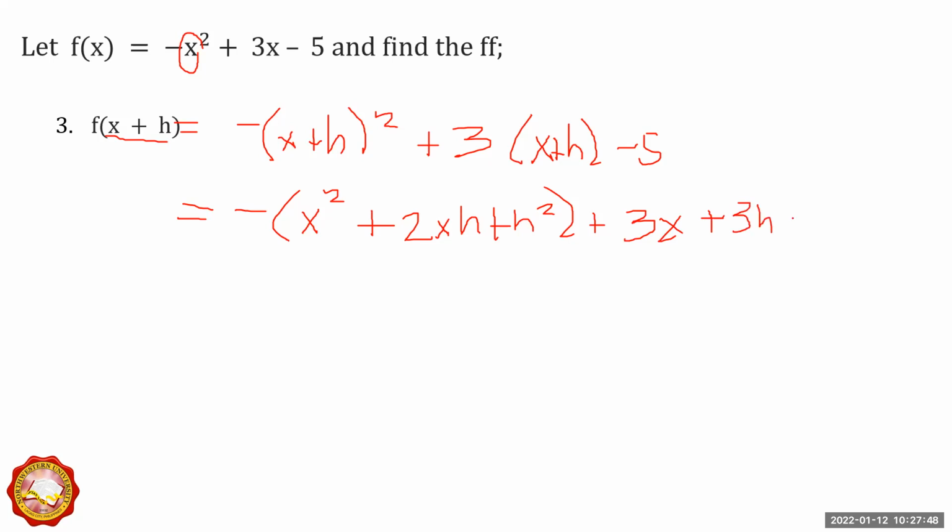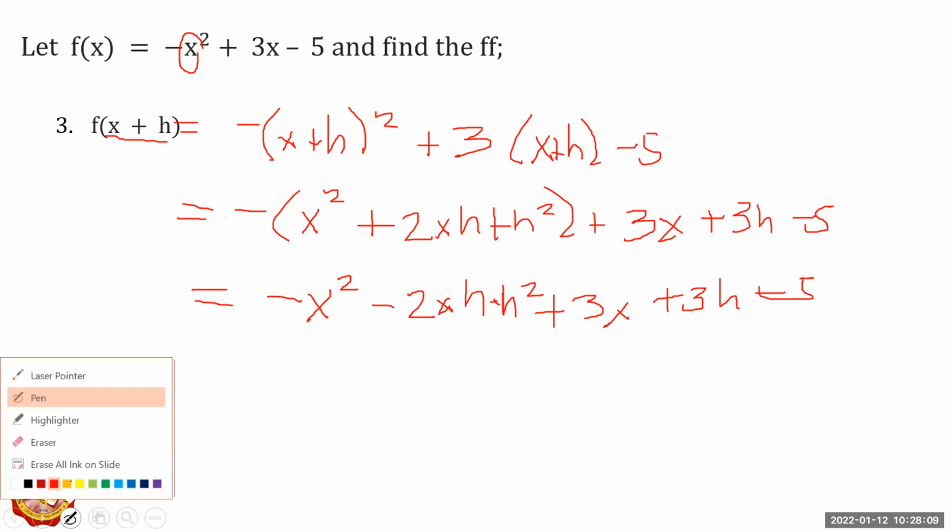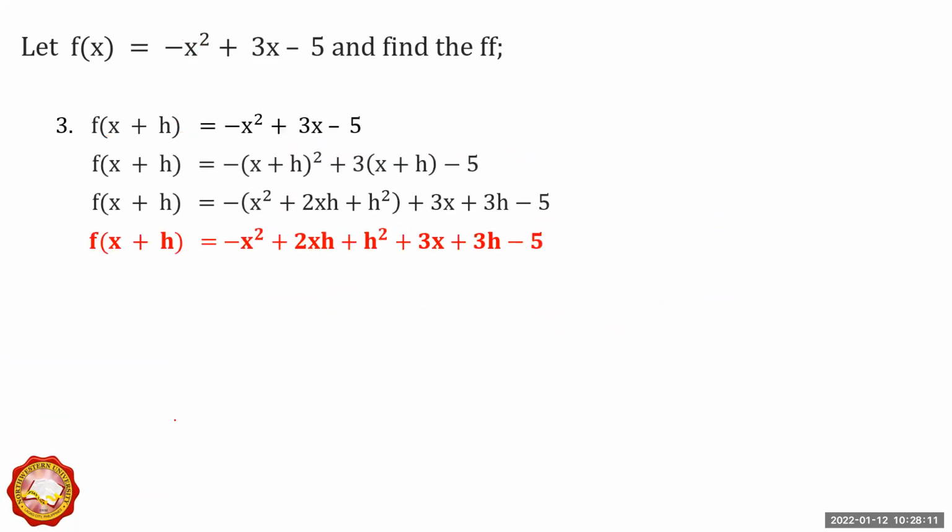So you'll have negative x squared minus 2xh minus h squared plus 3x plus 3h minus 5. So that is your f of x plus h. Now, that should be minus.